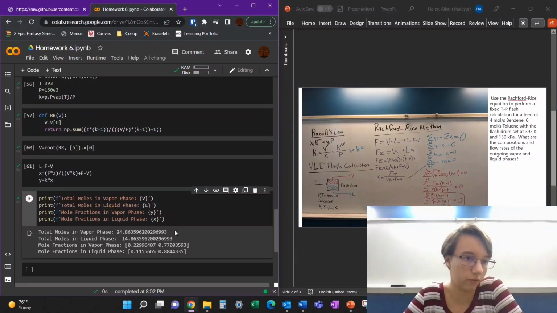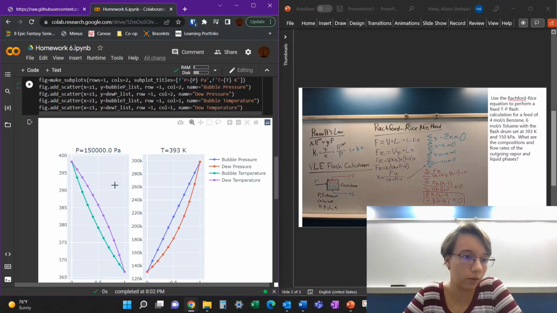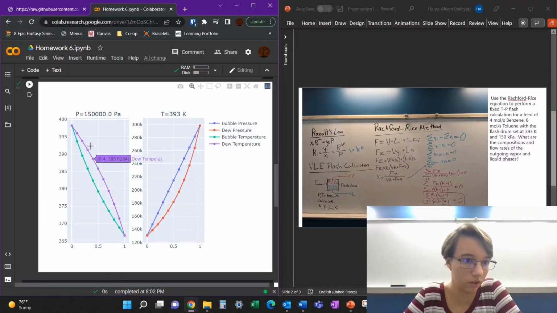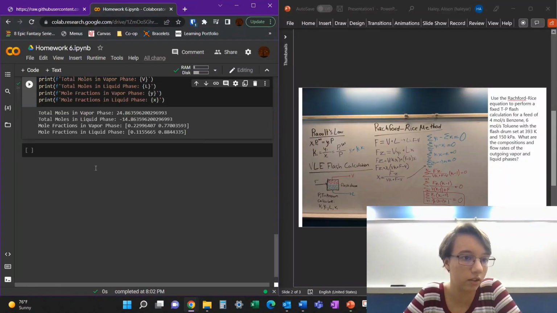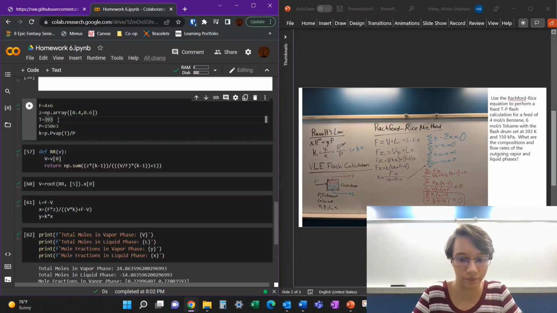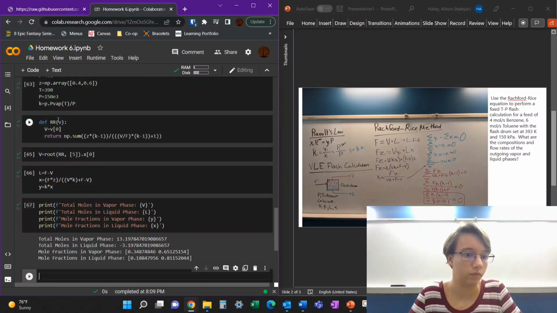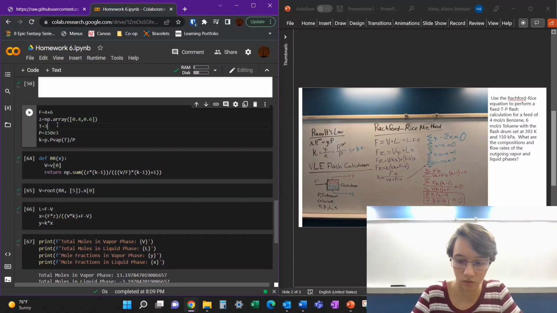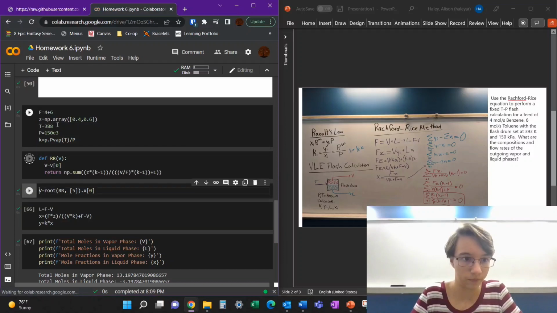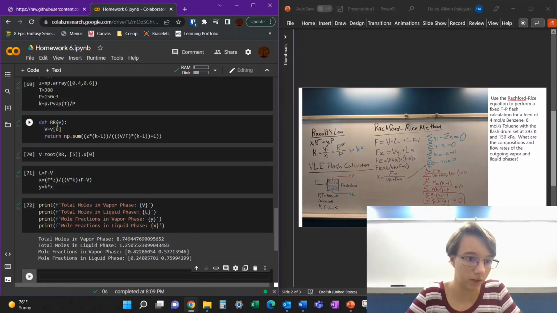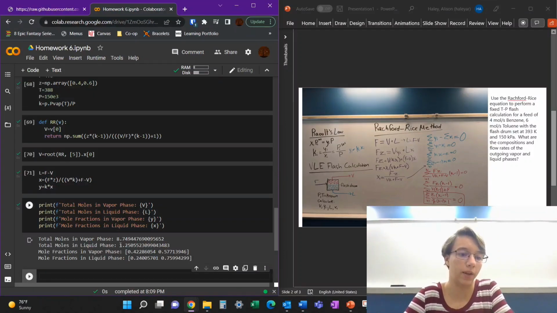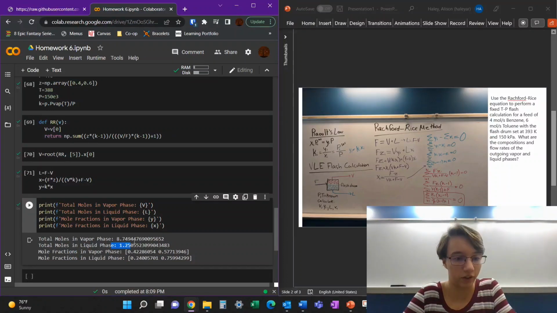That essentially means you're all in the vapor phase, and this calculation isn't going to work. But it would work if we had a lower temperature, maybe 390. I can try. Actually, that's still a little bit too high. So you can see there, now we have reasonable values.